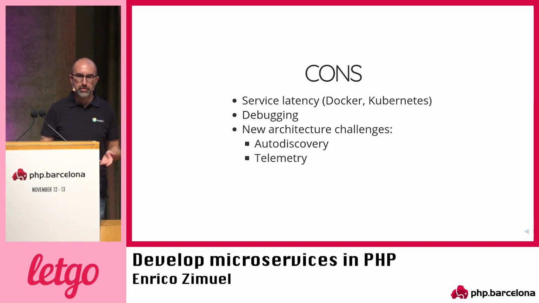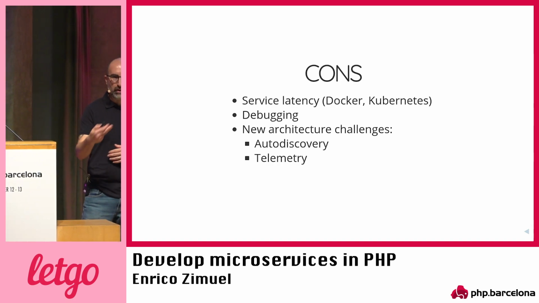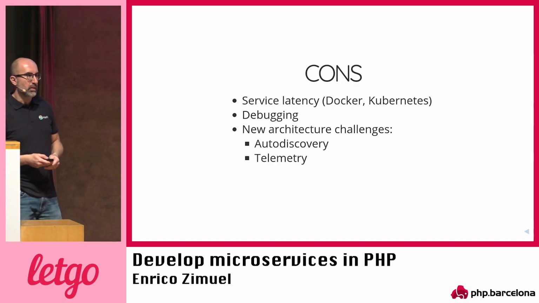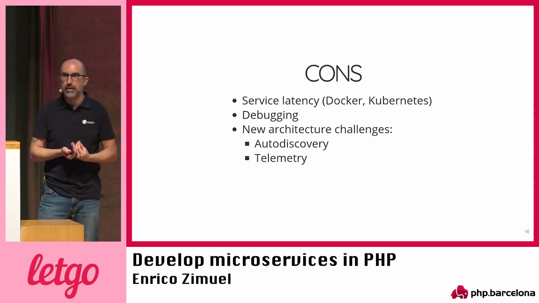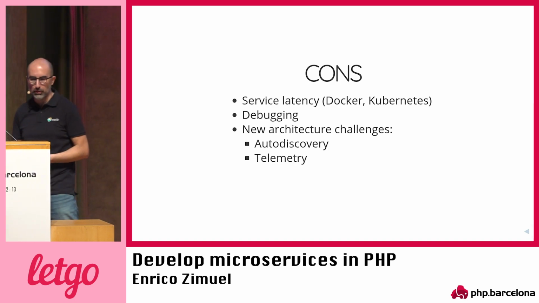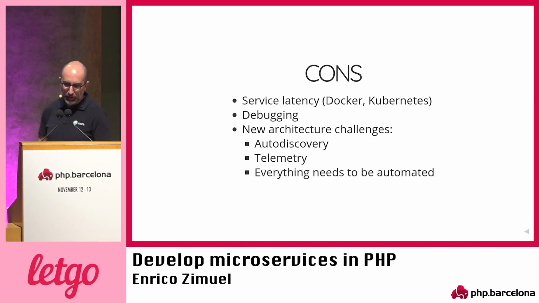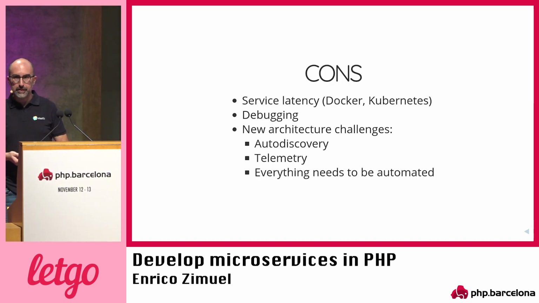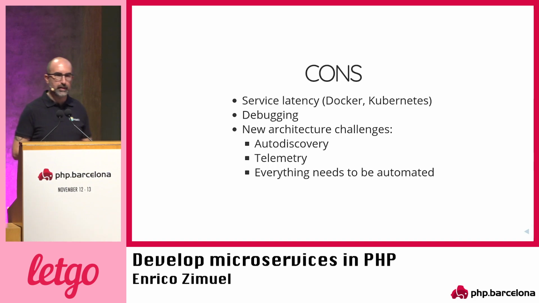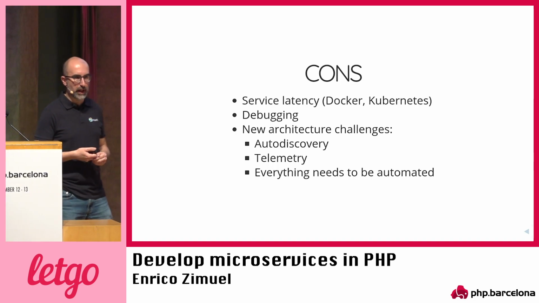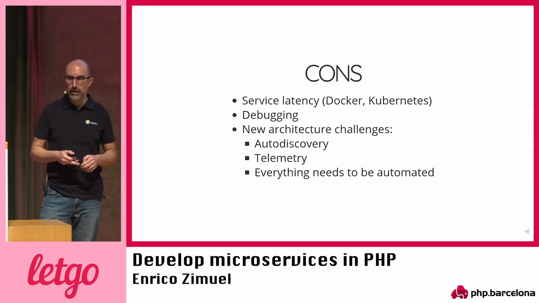Telemetry, you need to measure in some way the HTTP call, the request time, the response, the flow. So you have to have some numbers around your application just to know how to build stuff. And last but not least, everything needs to be automated. If you want to do microservices, you really need a continuous integration pipeline that is fully automated.